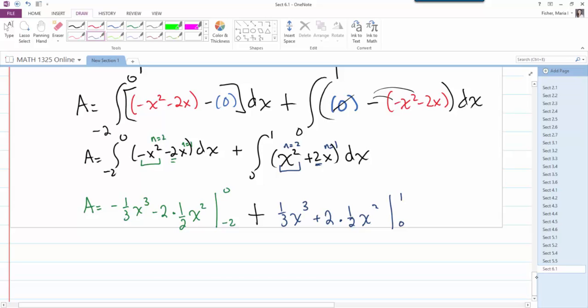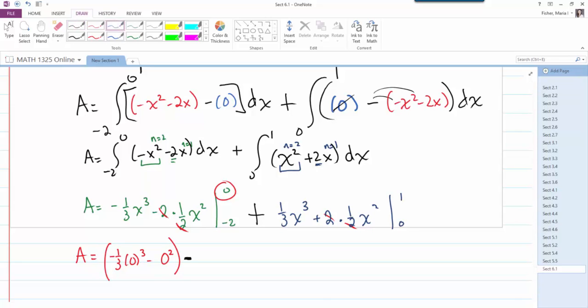So if I clean it up, I know here my 2's will cancel, and here my 2's will cancel. So plugging in my upper limit of integration here, I get my area is going to equal -1/3 times 0 cubed minus, remember those 2's canceled, and it's just 0 squared. And that gets subtracted from my lower limit of integration, which is -1/3 times -2 cubed minus -2 squared.